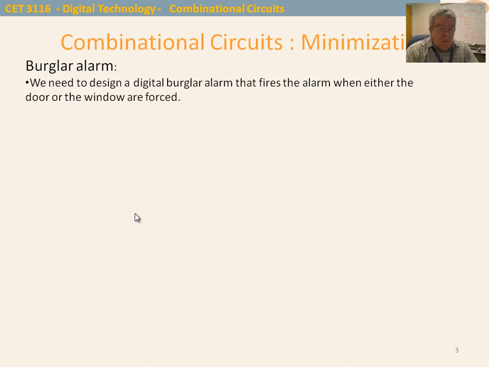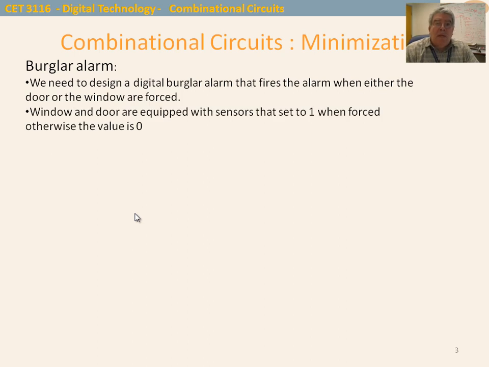In this case, we're talking about specifically one window and one door. We set the logic in such a way that it will be a 1 if there is something going on. In other words, a 1 if the window or the door is open.